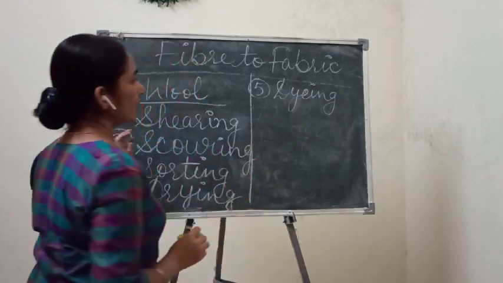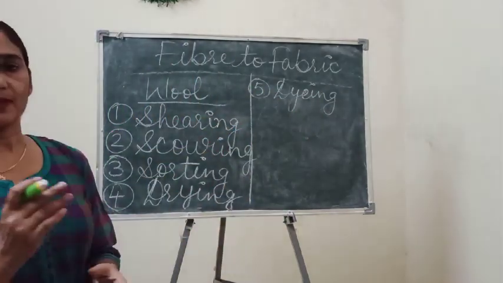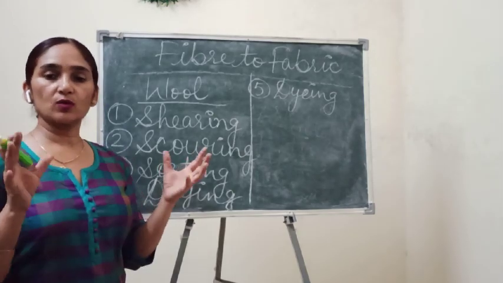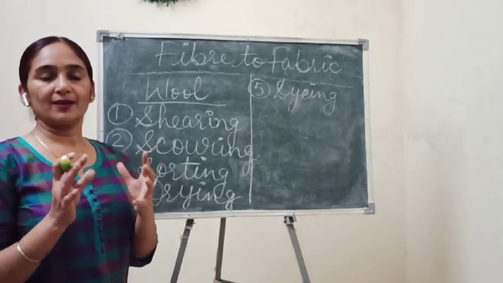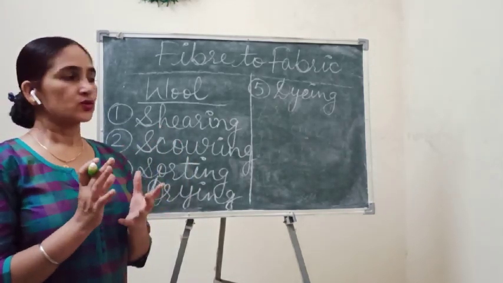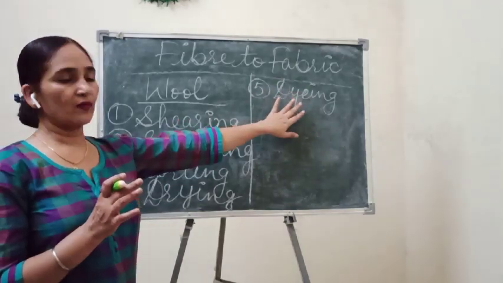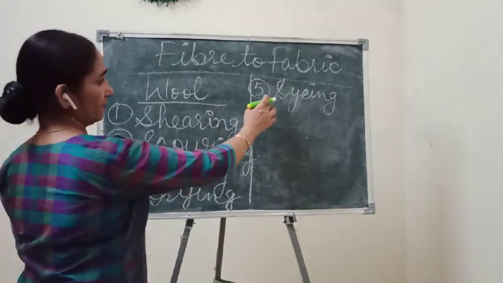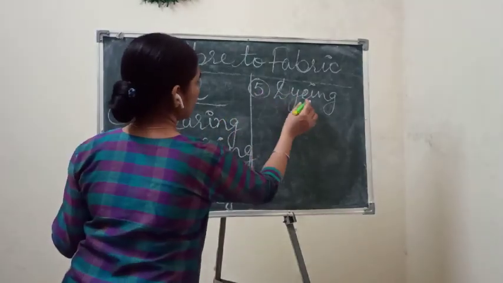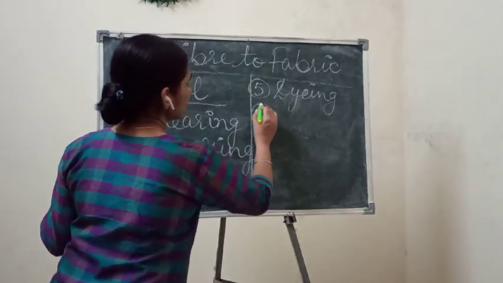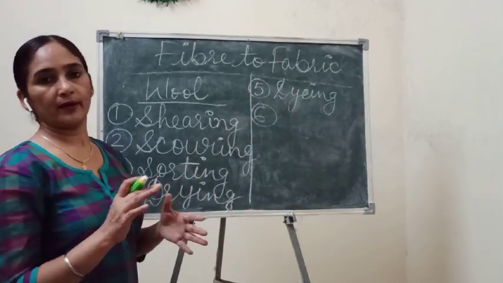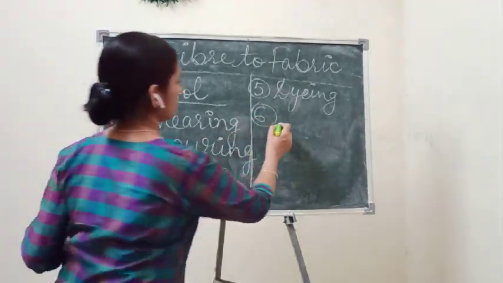When we wear woolen clothes, they come in different colors. So those colors are provided under this method. We can color the fibers. And the sixth process is, after dyeing, spinning.